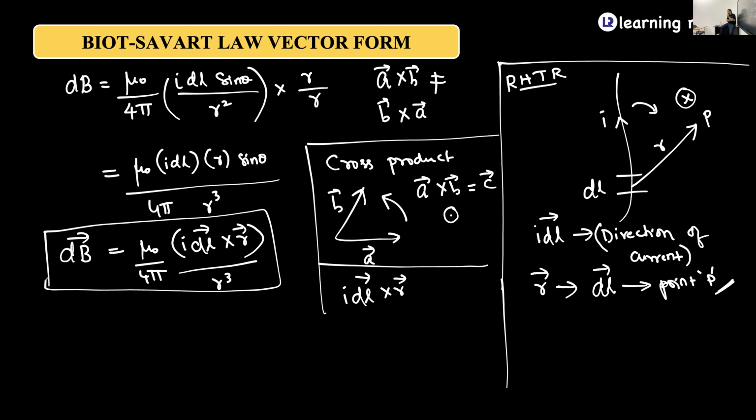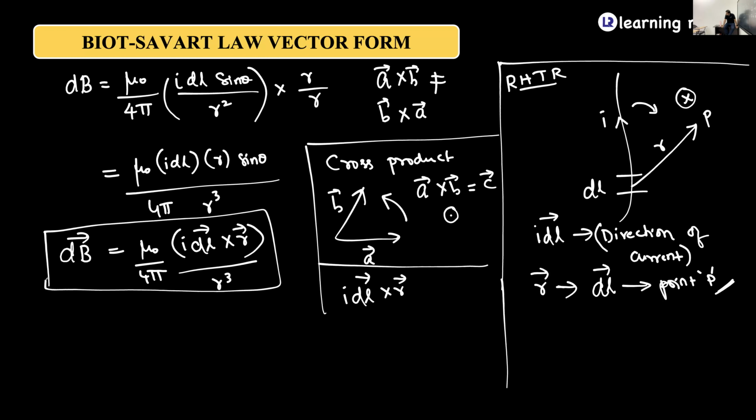Clear with this? Okay. So let's summarize what we saw. First, we saw the introduction. Then we saw what is Biot-Savart law, which helps you calculate in the scalar form the magnetic field due to a small current carrying element at a point P. So what is the formula? dB is equal to mu naught by 4 pi Idl sine theta by r square.